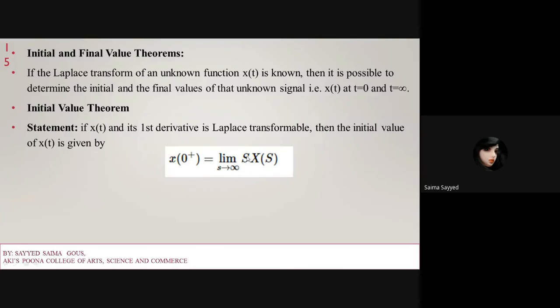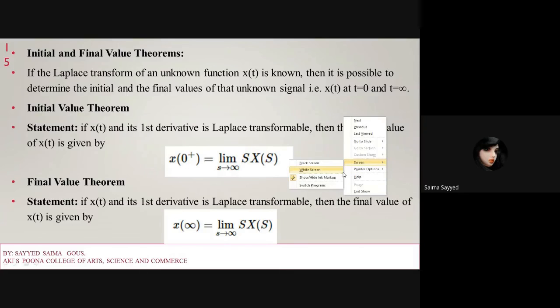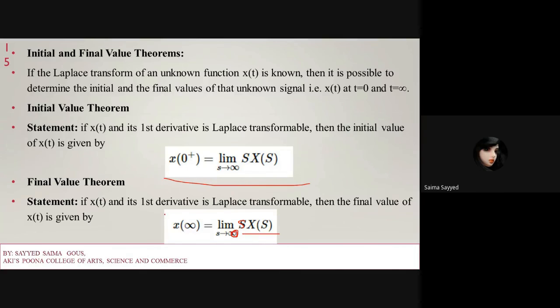So we multiply by s and take the limit for s tends to infinity. In the final value theorem, sorry, it will be limit s tends to 0 of s into X of s. So this is the formula for initial value and final value.